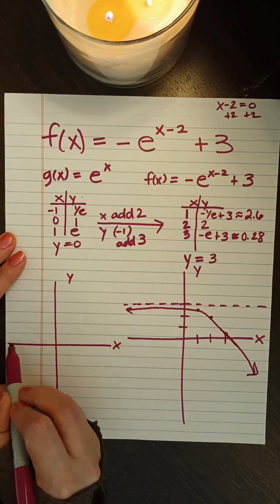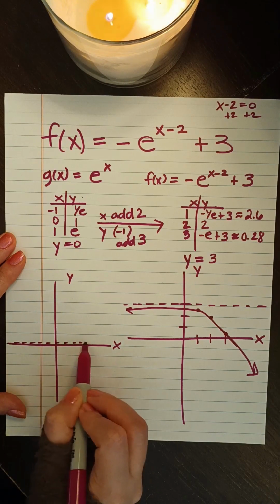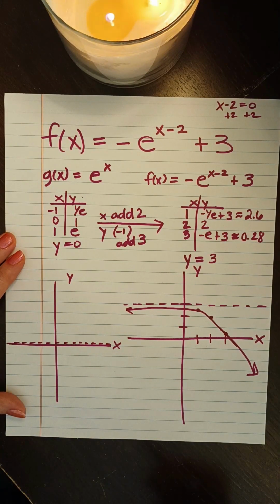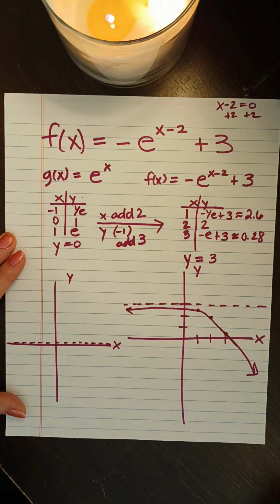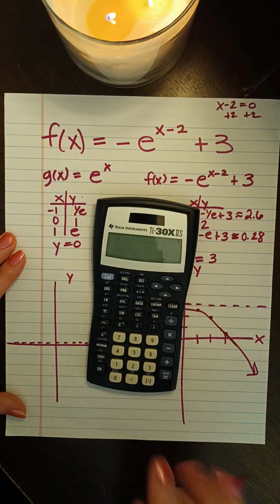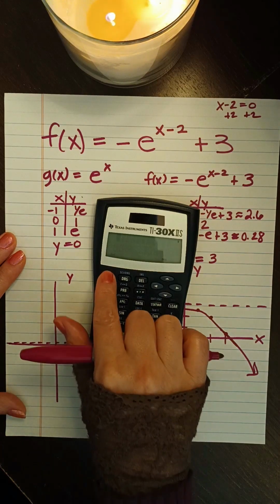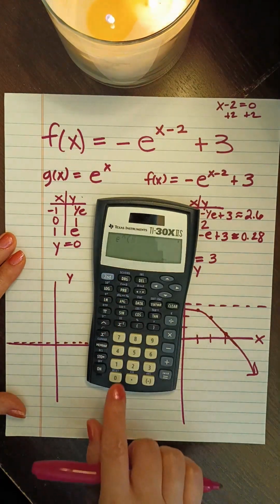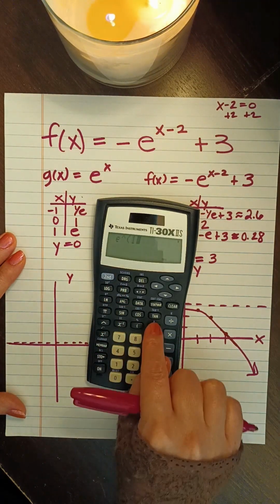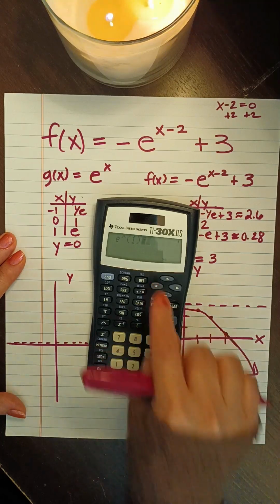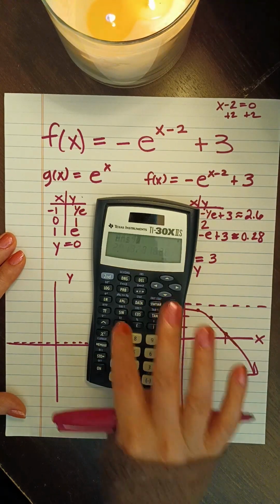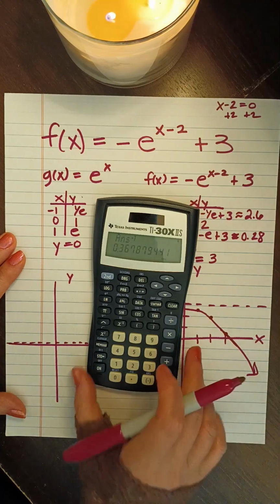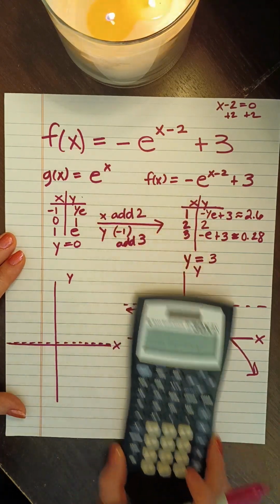Your y equals 0 is where our asymptote starts. And then we have -1 and 1 over e. Now 1 over e, we take e and then take the inverse, so about 0.367.